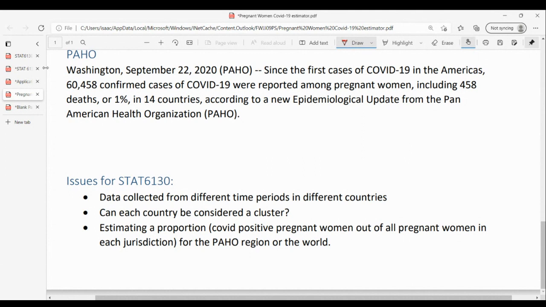To me, it appears very easy to do just by using a simple ratio estimator.